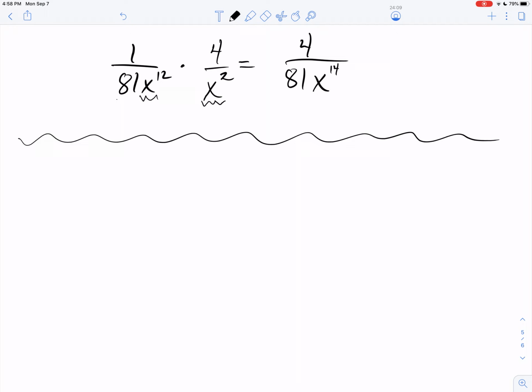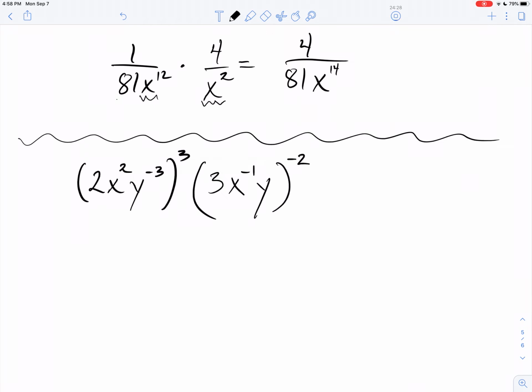I'm just dinking around. So (2x^2 y^-3) cubed. And then we'll do something like this because this is what they had in the book. (3x^-1 y^-2), something like that.